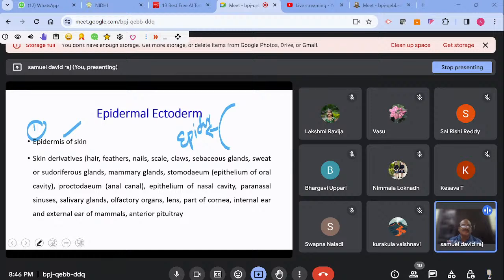And the outer layer of the body wall, that is skin, has so many derivatives. For example, human beings, primates, are characterized by hairs. Birds are characterized by feathers. And the hands and feet have nails, claws. And fishes have scales, and even reptiles have scales. We have sebaceous glands as well as sweat glands, which are also called sudoriferous glands.